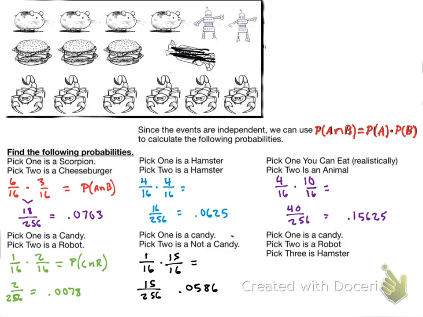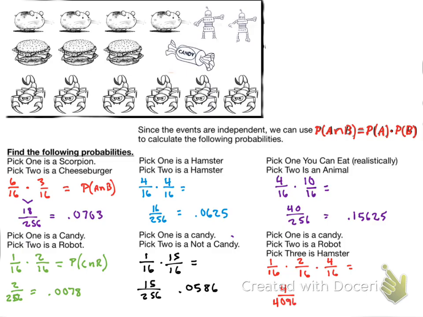Okay, next one. Looks like we got 3 picks here. Pick 1 is a candy. That's 1 out of 16, times pick 2 is a robot, that's 2 out of 16, and pick 3 is a hamster, 4 out of 16. Multiply these out: 2 times 1 is 2, times 2 is 4. 16 times 16 times 16 is 4,096.